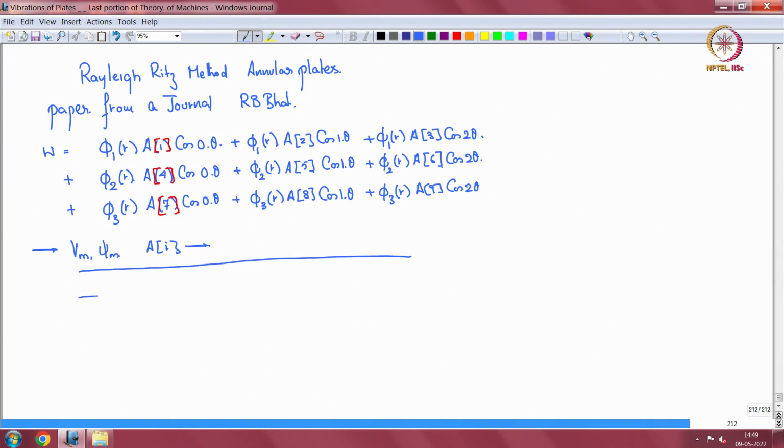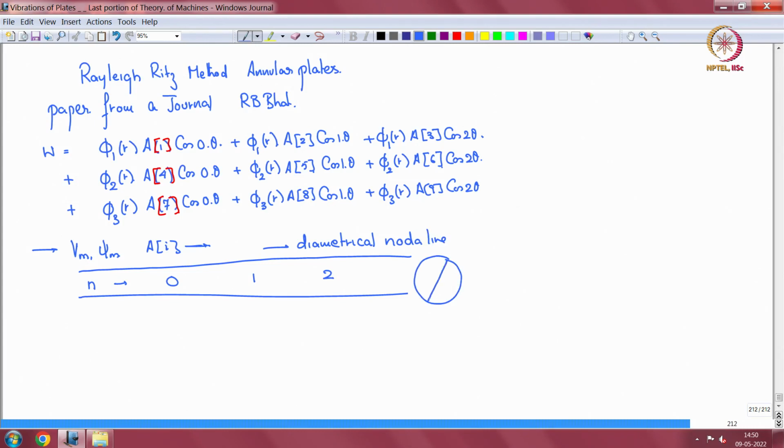There is a table, n going 0, 1, 2. So this is diametrical nodal lines. That means n equal 1 means this, n equal 2 means this and this.